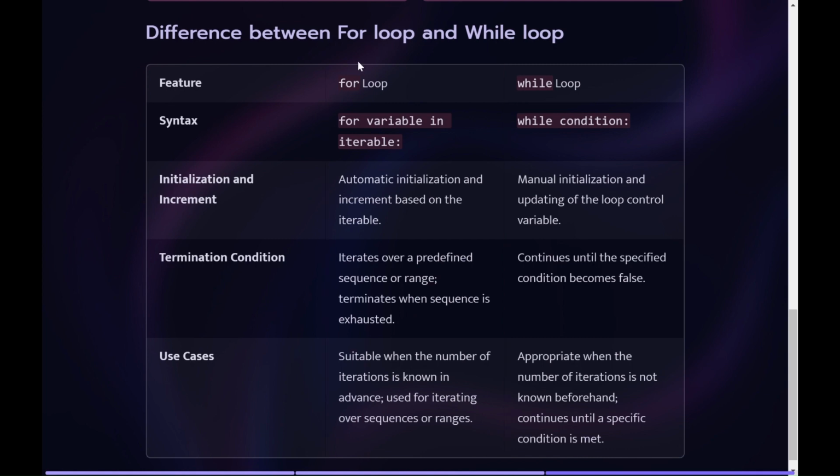Whereas in while loop, the initialization, incrementation, as well as the termination conditions are all defined by us. The termination condition is what we give as the while condition in the syntax. The incrementation and initialization part goes into the body of the while loop.